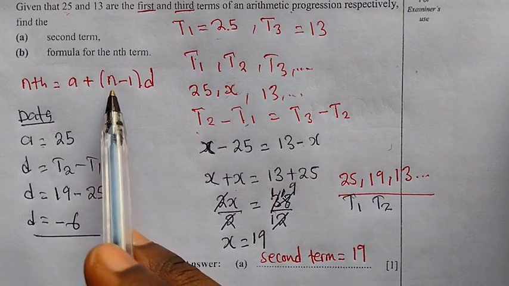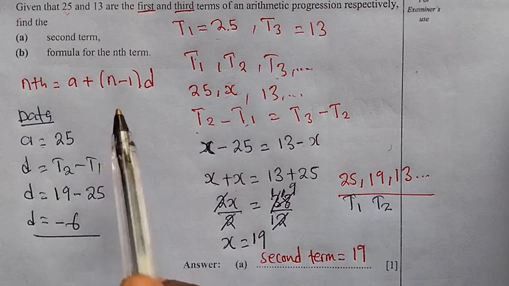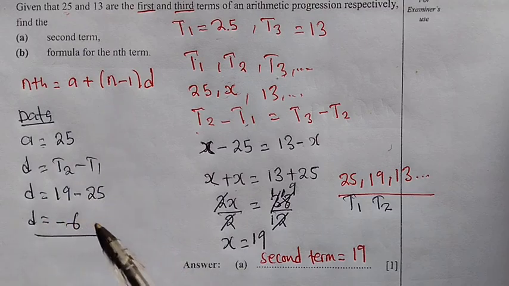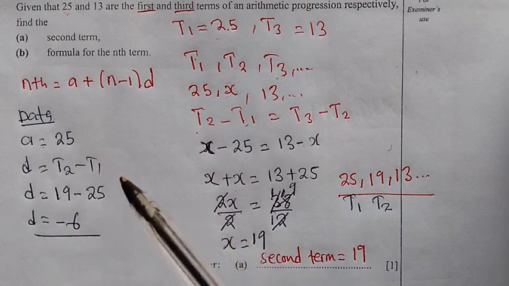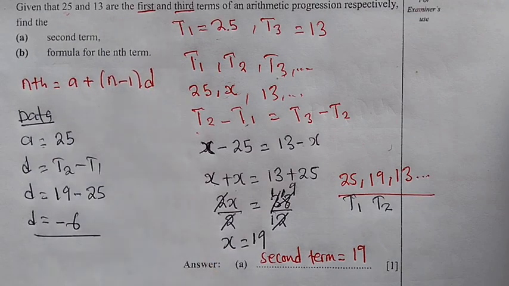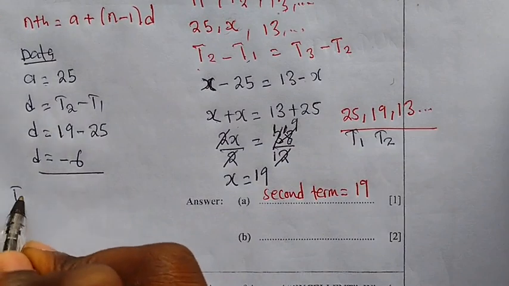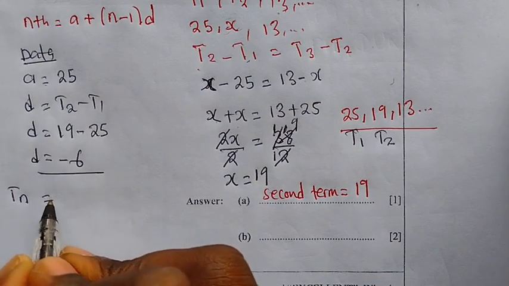Then there's no need for us to substitute on n because we are finding the nth formula, the formula that will be used to find the terms. That is what they want. So I'm just going to replace a and d. Where there is a, we are going to say t subscript n, or nth term is fine.